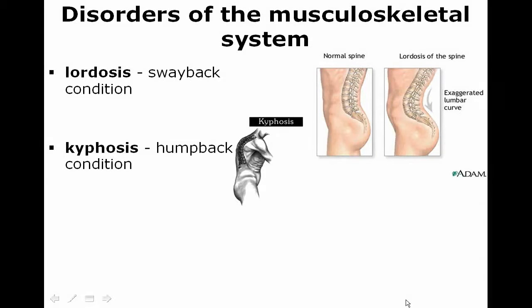Some of the other etiologies for kyphosis: in very young children, when they develop this humpback condition, there's some developmental problem in the development of the spine. There is an adolescent form of kyphosis. It's a degeneration, a deformity of the thoracic vertebrae.